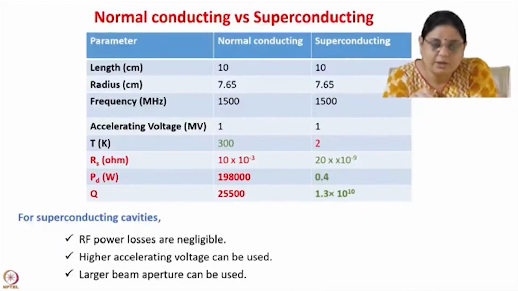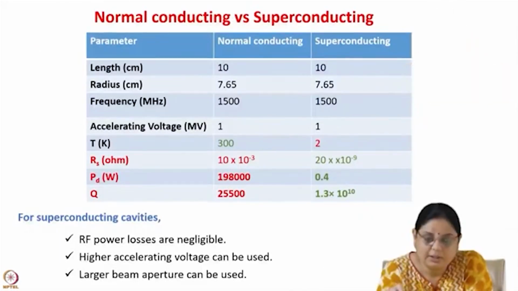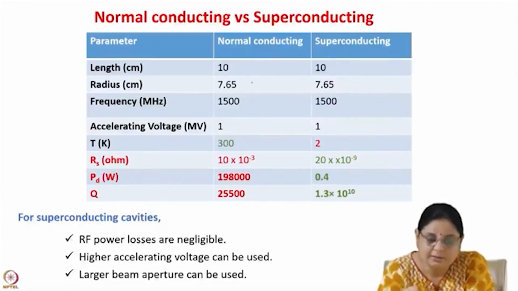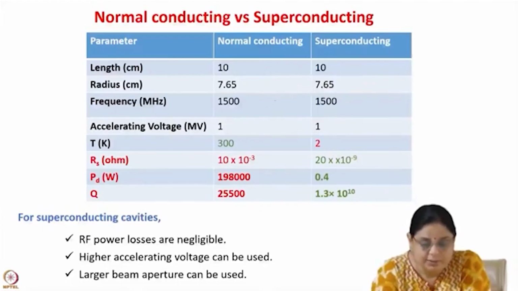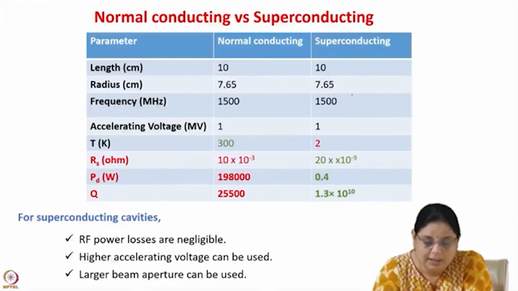So let's do a quick comparison of normal conducting versus superconducting cavity. Let's compare two cavities of similar dimensions: a pillbox cavity of length 10 centimeters and radius 7.65, operating at the same frequency of 1500 megahertz, and let's say we have the same accelerating voltage of 1 million volts.